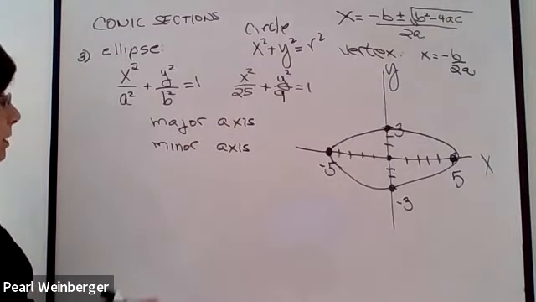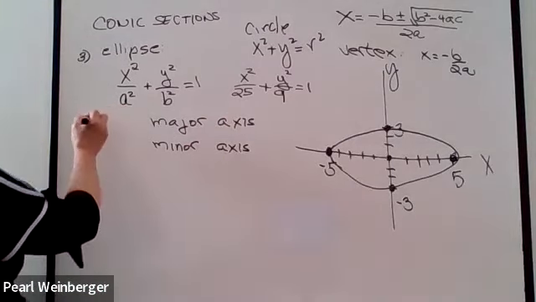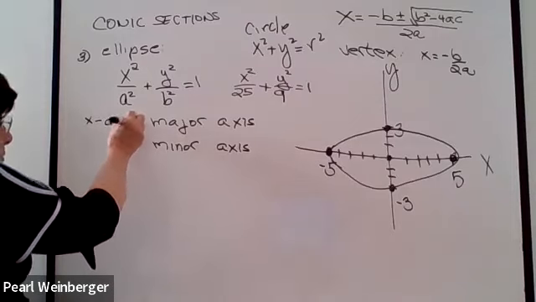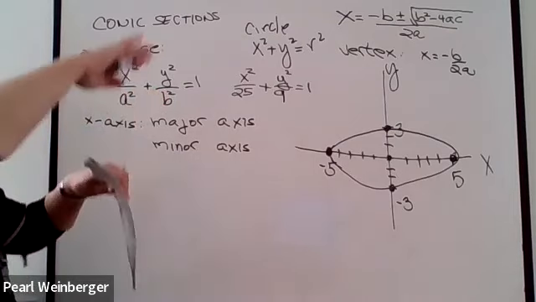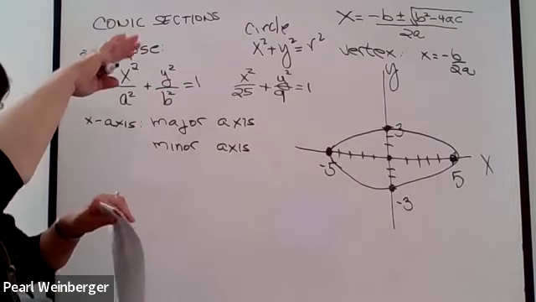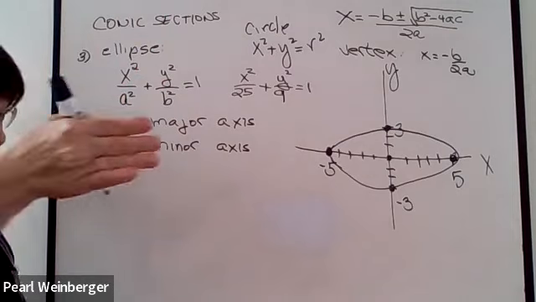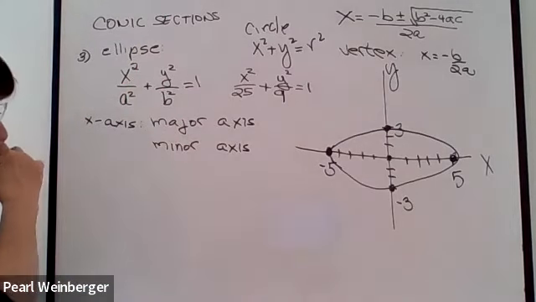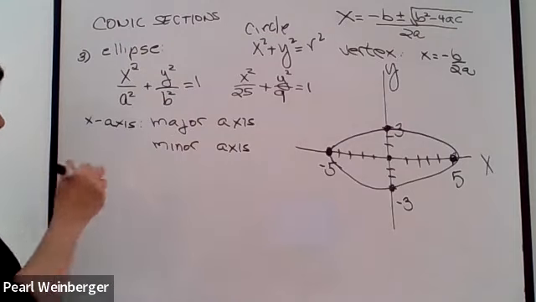It turns out, in this case, our major axis is along the x-axis. Sometimes that's when we have a wider than taller ellipse.